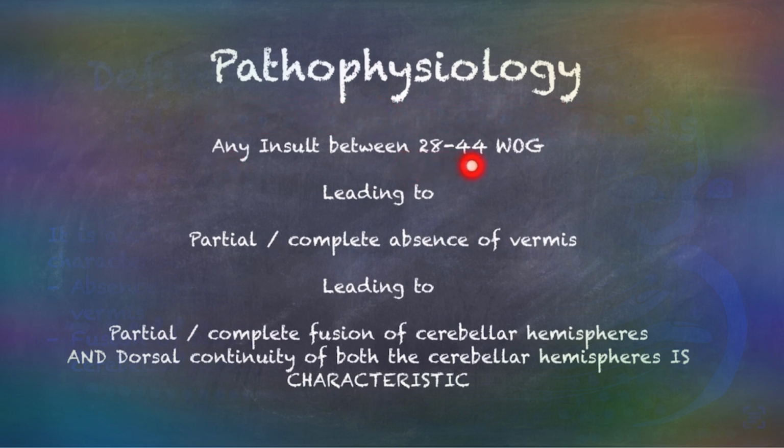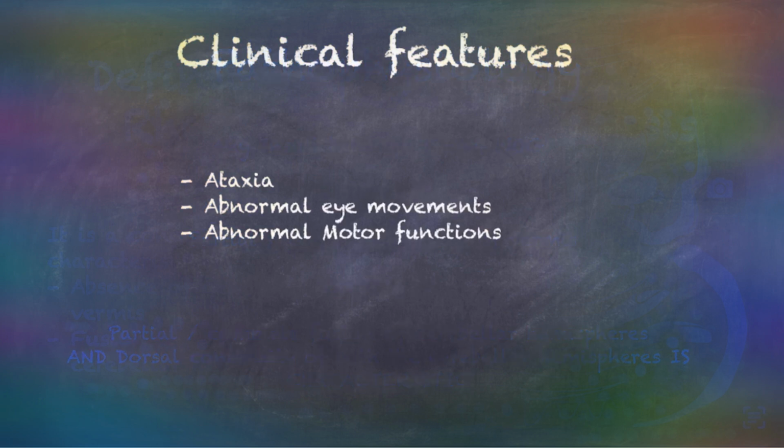Now what is the pathophysiology of this entity? Any insult between 28 to 44 weeks of gestation leads to partial or complete absence of the vermis, which in turn leads to partial or complete fusion of the cerebellar hemispheres, and dorsal continuity of both cerebellar hemispheres is characteristic.